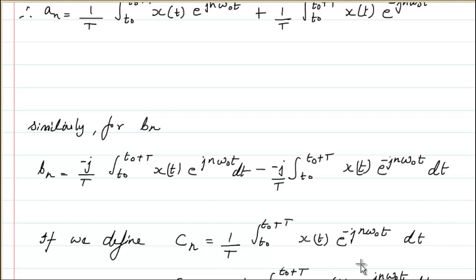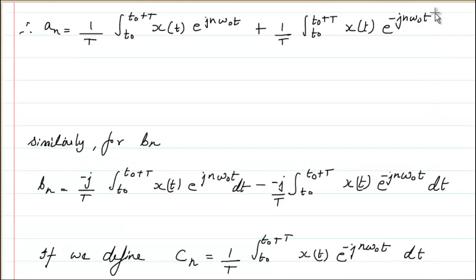You can see that I can substitute this portion with c of n, and even here I can substitute this portion with c of n. I have forgotten dt here, which I will write separately.